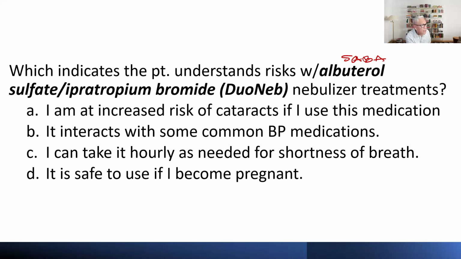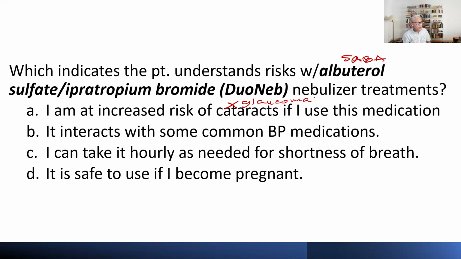Well, actually, anything that contains an anticholinergic agent predisposes an individual to narrow angle glaucoma, not to cataracts. So it is not cataracts that they are going to be at risk for developing, but glaucoma, narrow angle glaucoma.